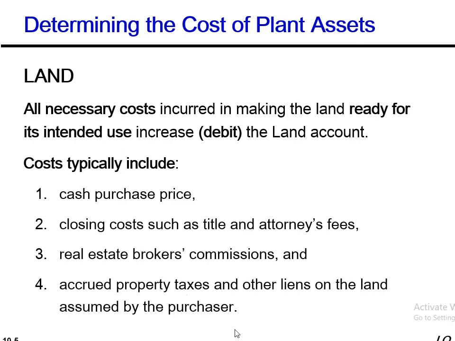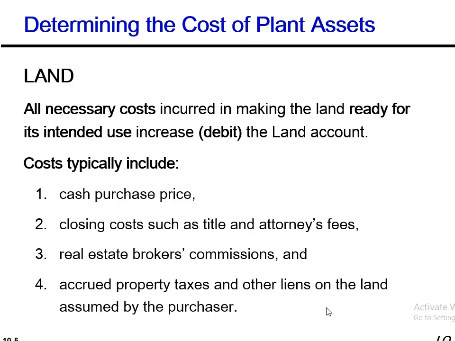And other liens on the land. What could be the other liens, other charges on this land? Maybe the old owner has taken a loan against this land. He might have given this land as security to the bank, and he might have borrowed a loan. He would have paid all the installments of the loan except the last two installments.